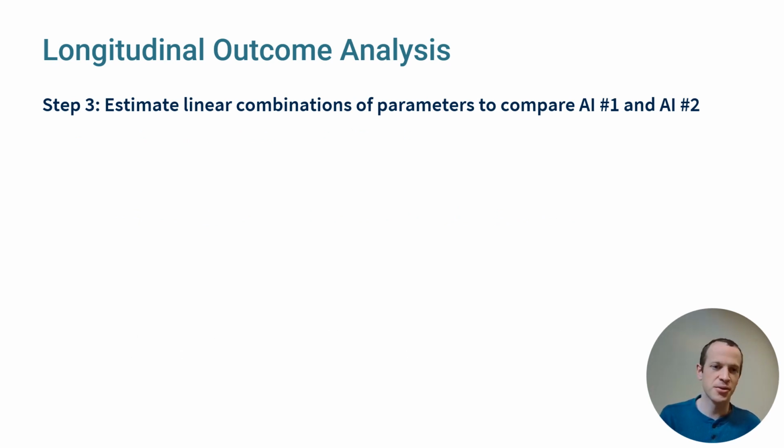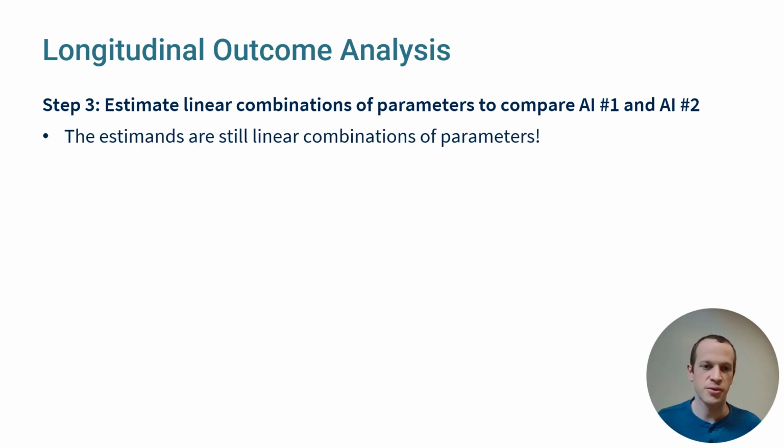Okay, you made it to step 2. Now let's talk about step 3. So for step 3, we need to estimate linear combinations of parameters to compare AI1 and AI2. So the good news is that the estimands are still linear combinations of parameters, so you don't need to learn any new complicated statistics to do this step.